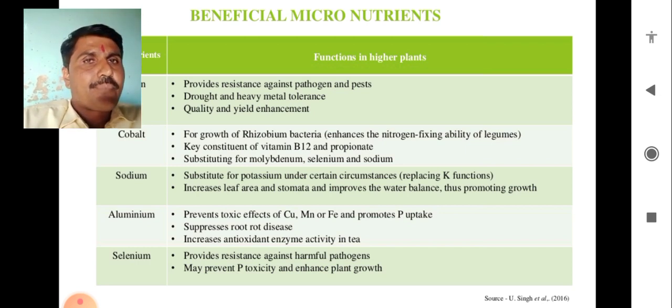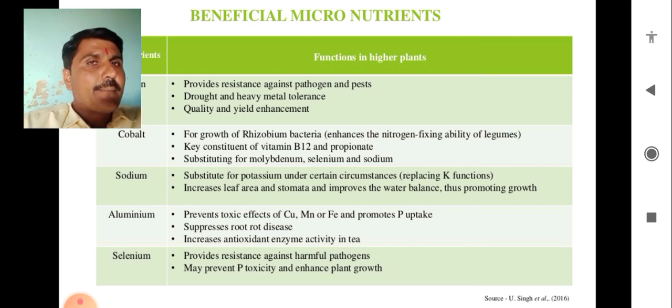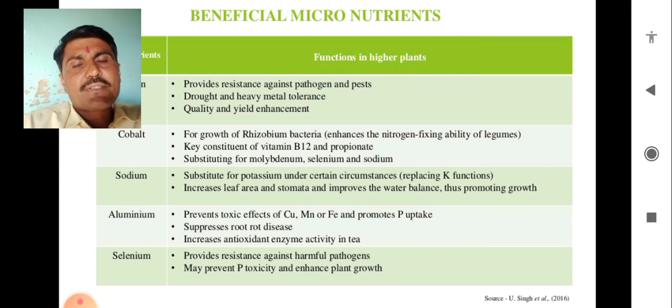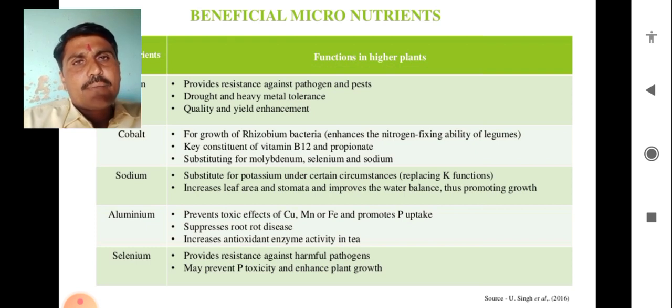If it is more or less than the requirement, then ultimately it shows side effects or symptoms on the aerial parts of the plant, or you may observe symptoms in the growth of the plant. In our next lecture, we are going to talk about the macronutrients of plants.